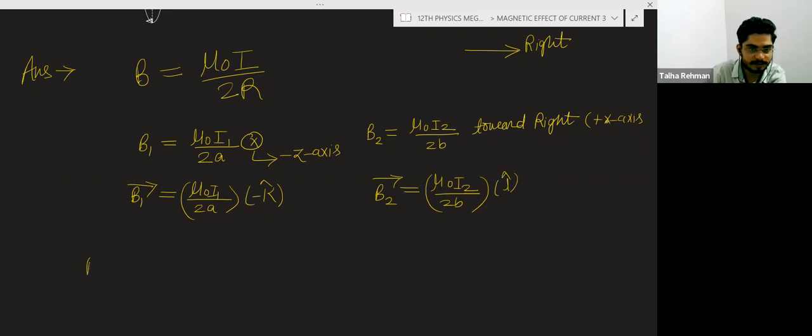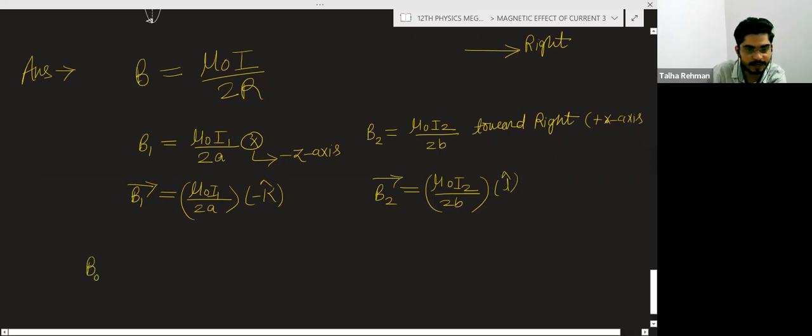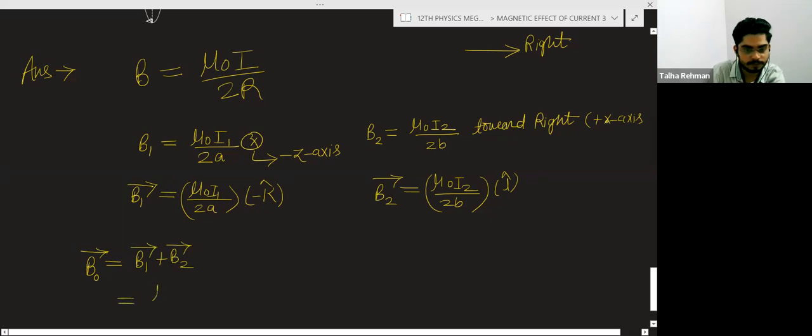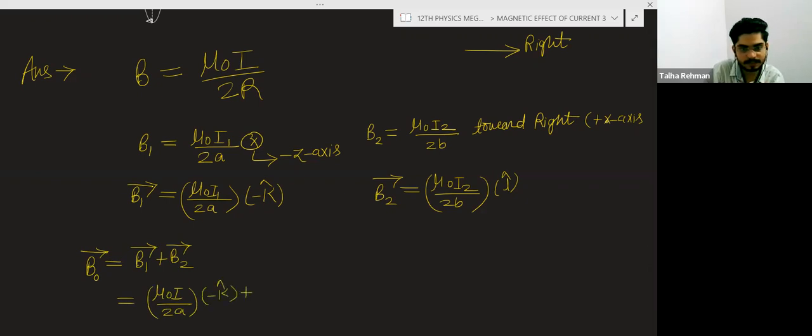You want to find the total magnetic field at point O. So this will be the summation of magnetic field due to wire 1, means V1, plus V2. Just put the value of V1 and V2: mu naught I1 divided by 2A, and this is minus K cap, plus mu naught I2 divided by 2b, this is I cap.